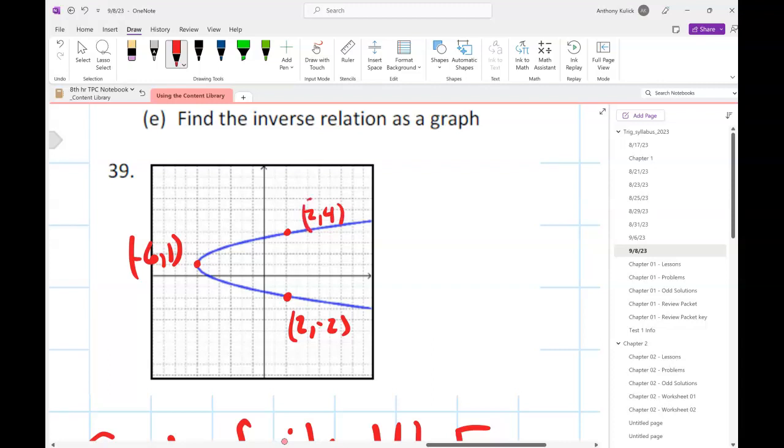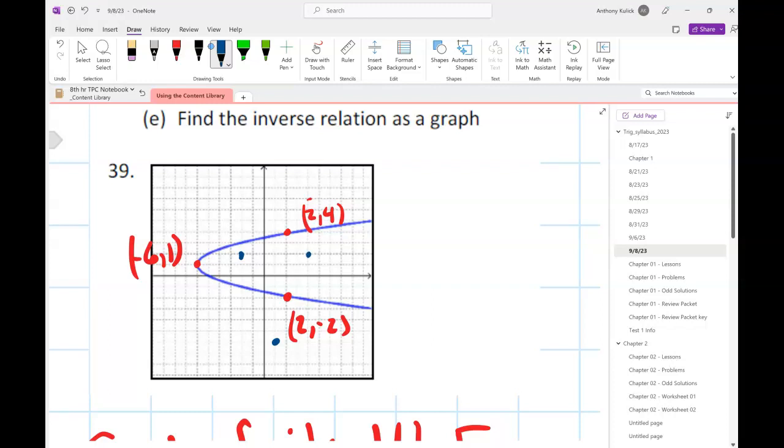Right? And now I'm just going to transpose these points. So I have 1, -6. I have -2, 2. And then I have 4, 2.